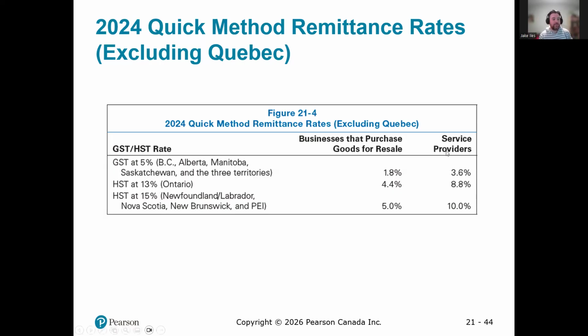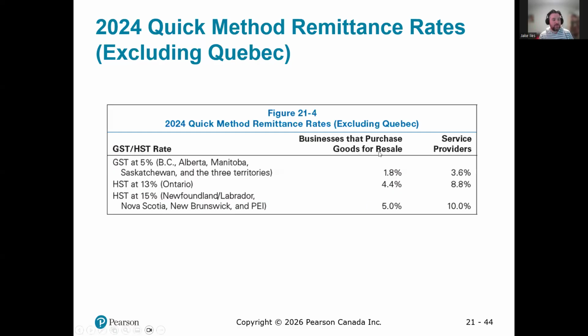Since service providers tend to have larger gross margins, or at least lower costs related to their revenue generating activity, the amount they'll owe in sales tax is assumed to be higher because they have their sales, but they don't have as many costs to generate ITCs to reduce the payable.